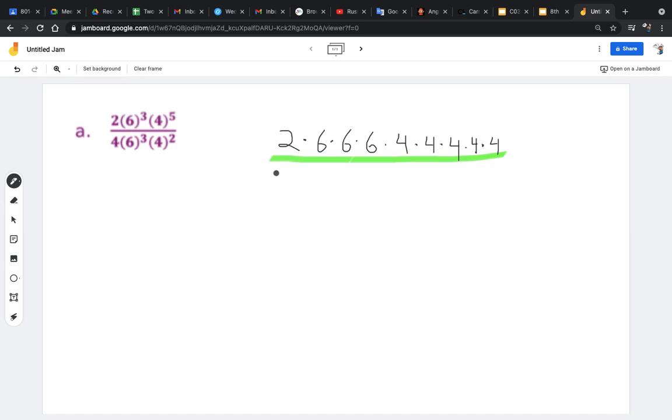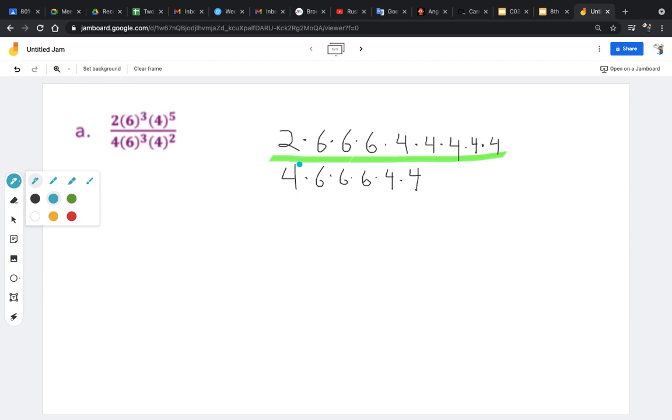On the bottom, I'm going to draw a 4. 3 sixes. 6 to the third goes 1, 2, 3. I'm going to draw 2 more 4s. 1, 2. Okay, let's start canceling out some numbers.